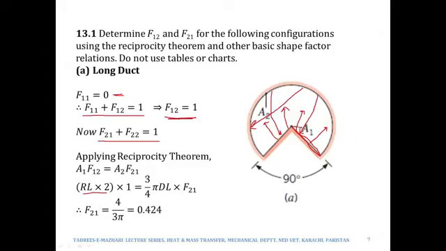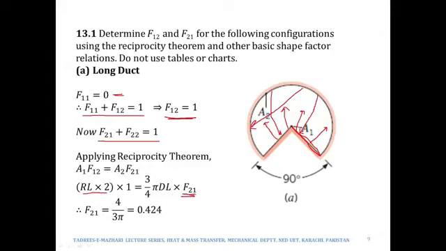F12 has already been found as 1. Now A2 is this circular object, but it is not complete. Rather, it is 75% of the total circular pipe. So the total area of the circular pipe would be pi d L, and we have 75% of it, so you can multiply pi d L by 0.75 or 3 by 4, it's the same thing, times F21, which is the unknown.